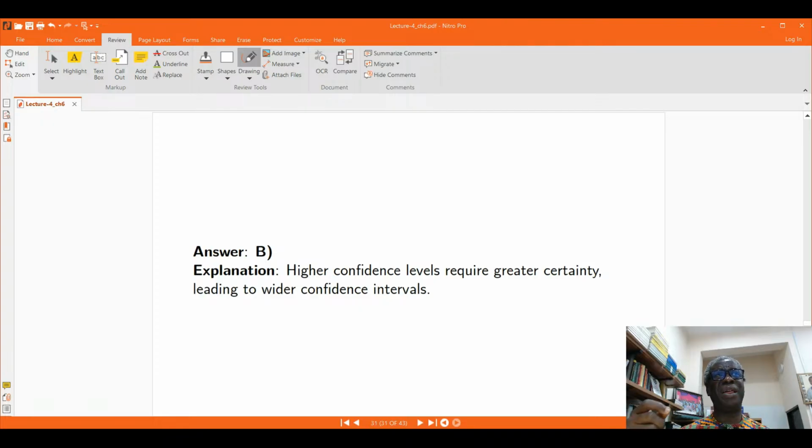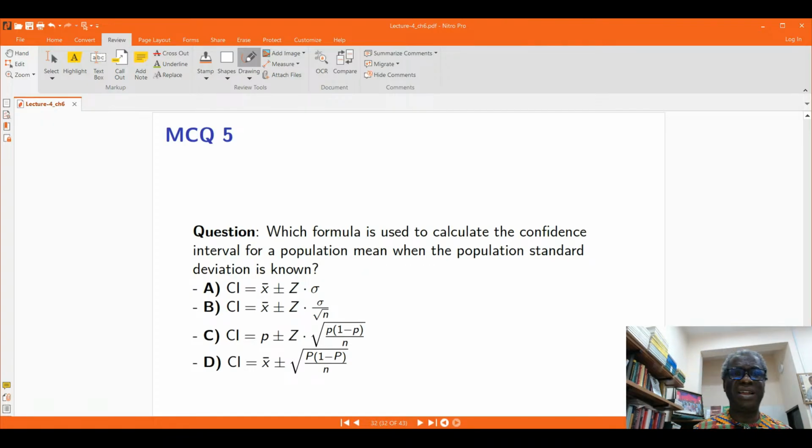Remember the table I showed you: when it's 95%, 1.96; when it's 99%, 2 point something, and so on. So if the Z score increases, it widens your confidence interval.